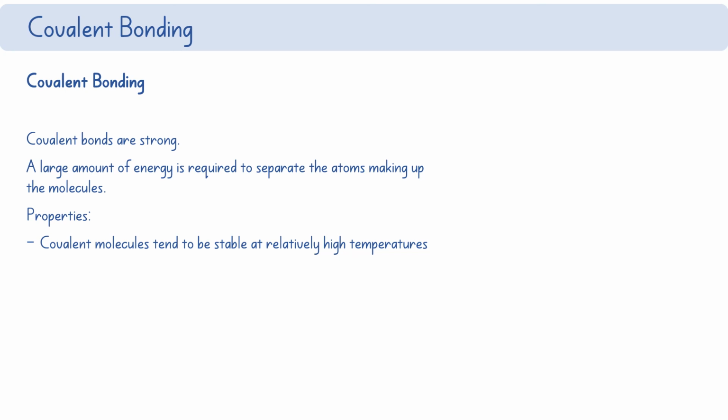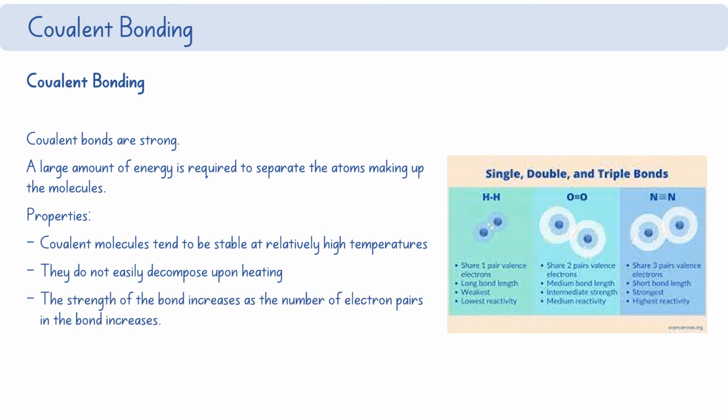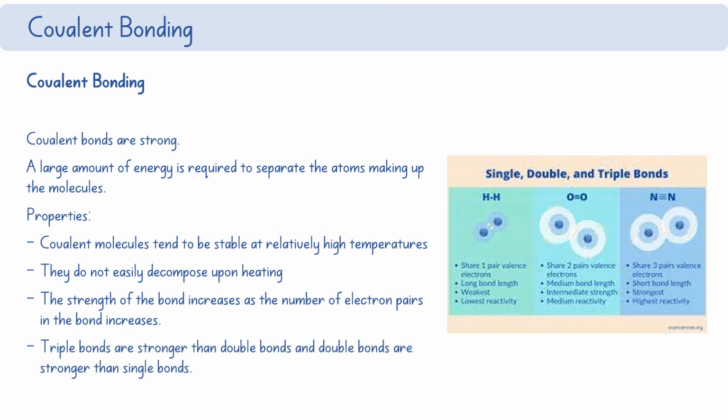Covalent molecules tend to be stable at relatively high temperatures. They do not decompose upon heating. The strength of the bond increases as the number of electron pairs in the bond increases. Triple bonds are stronger than double bonds, and double bonds are stronger than single bonds.